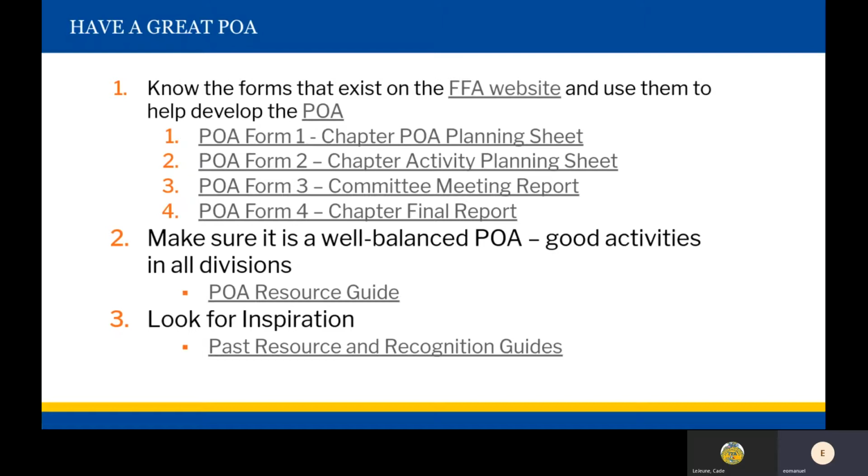You want to make sure that it's a well-balanced POA and that there's good activities in all the divisions, so in leaders, communities, and agriculture. Not every activity, like my kids will say, like we have our big 9 activities that are going to go in our application. Not every activity is a big 9 worthy application worthy activity, and that's okay.